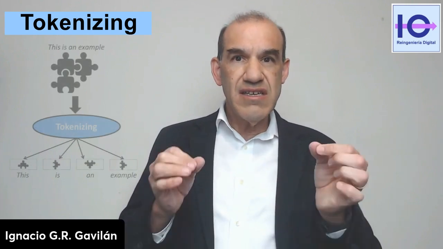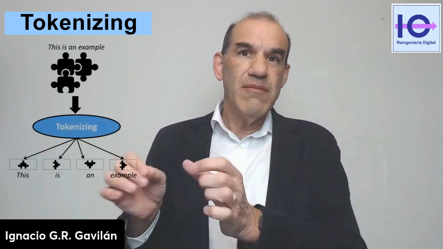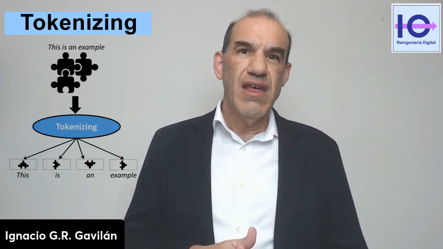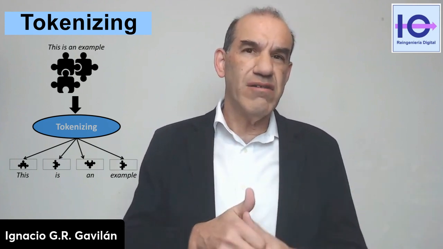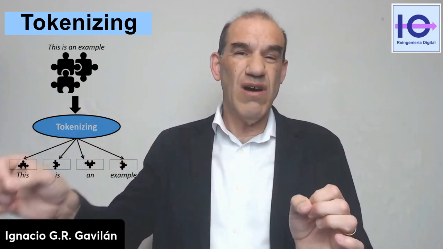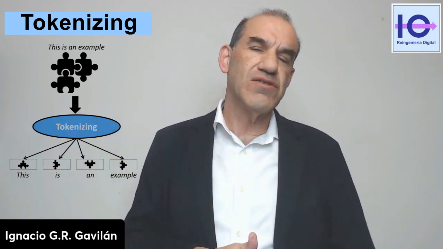Usually, the first step is what is called tokenizing. Tokenizing is dividing the text into small elements, small components called tokens. You can think about a token as a word, because usually a word gets converted into a token, but that's not always so.